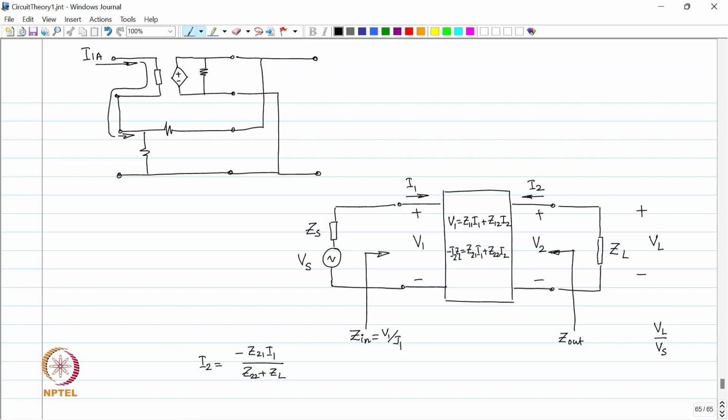Fine. I have rearranged the second equation and then substituted it into the first, you will get V1 is equal to Z11 I1 minus Z12 Z21 by Z22 plus ZL into I1.